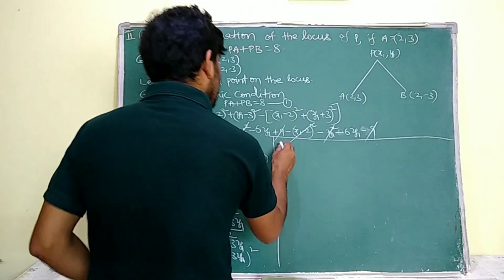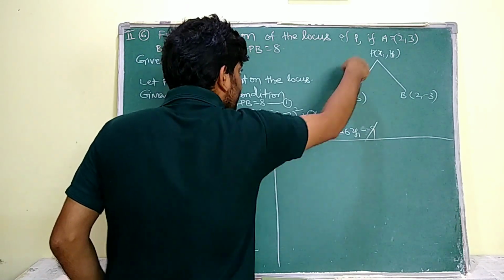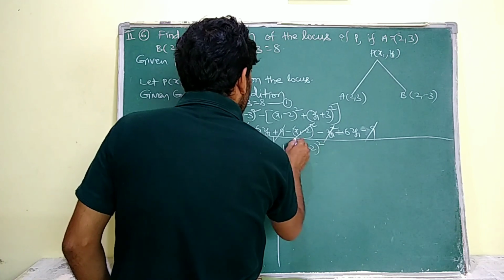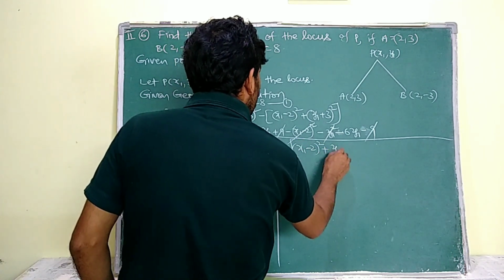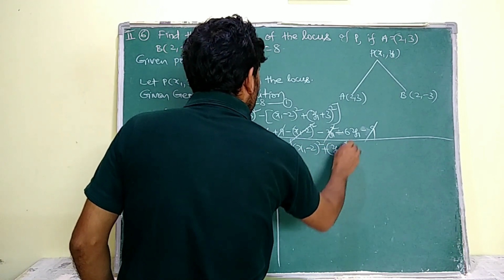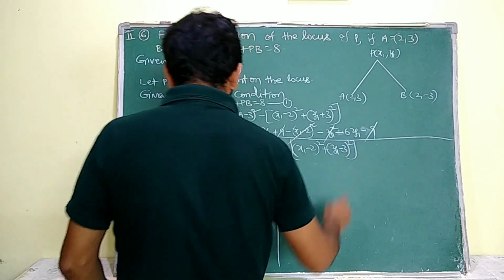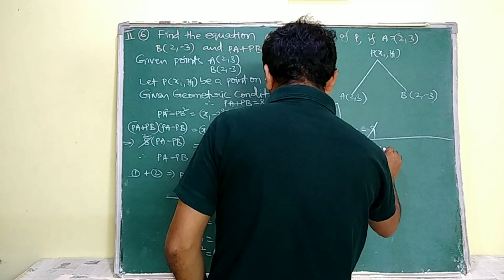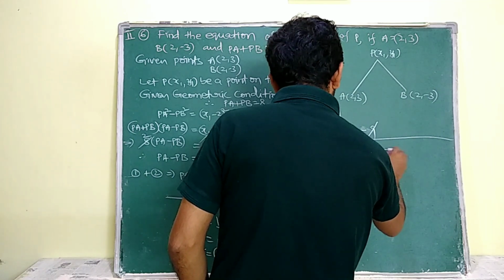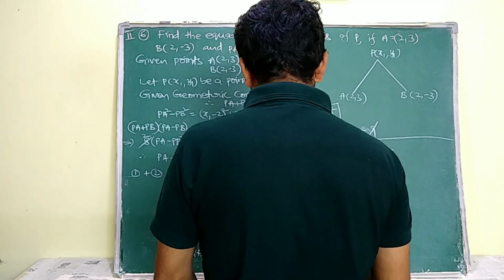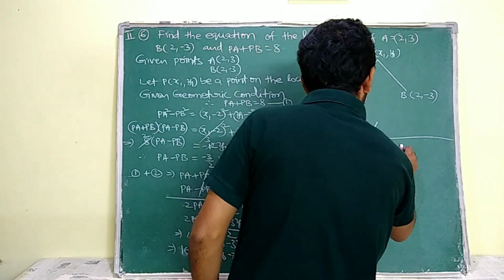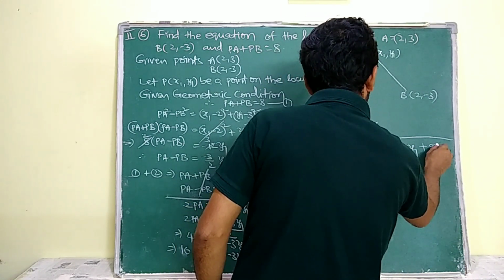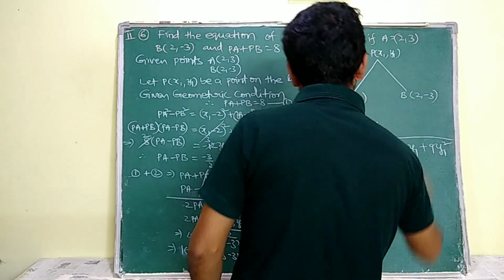So 16 into PA square means PA distance: x1 minus 2 whole square plus y1 minus 3 whole square is equal to 16 square means 256, minus 2 3s are 6, 16s are 96 y1, plus 9 y1 square.